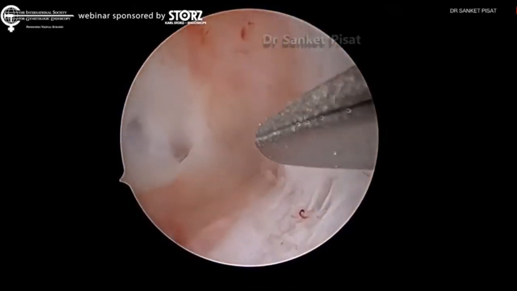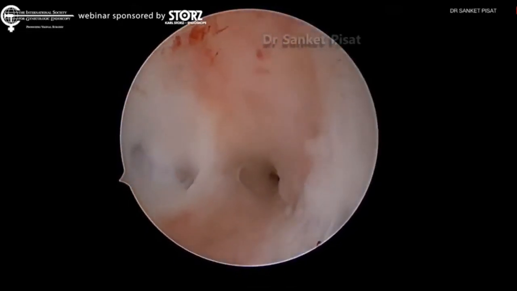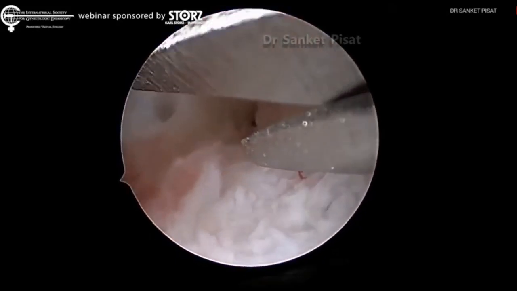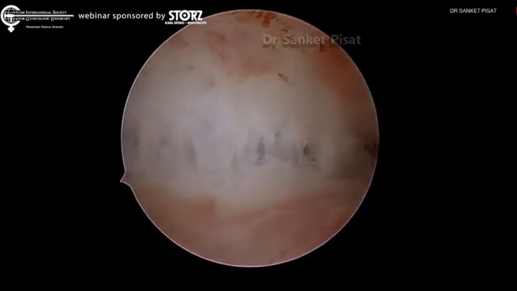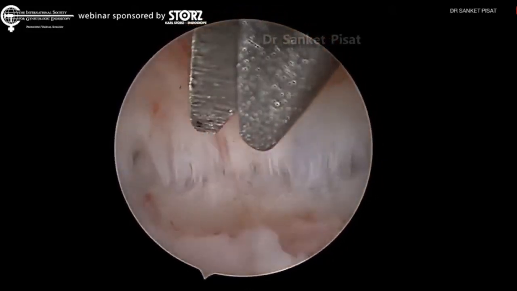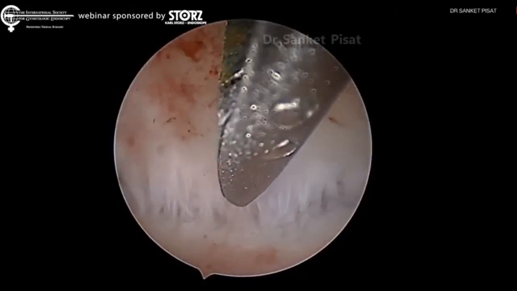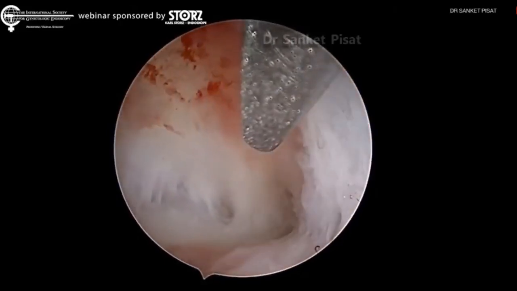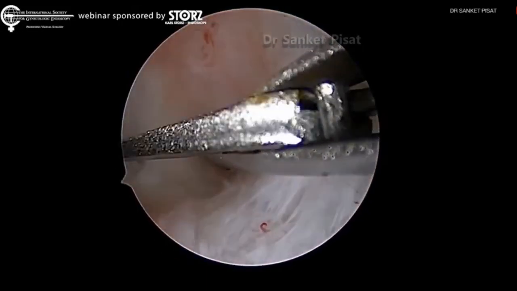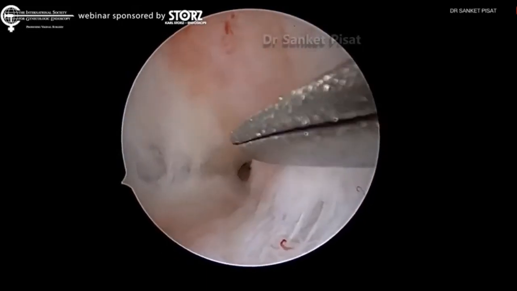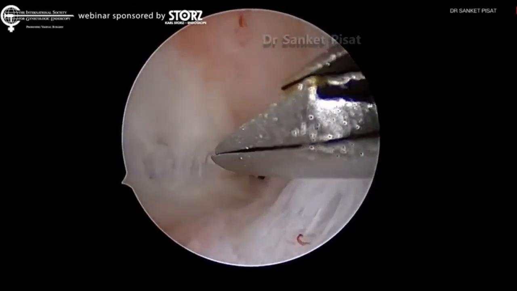The other important thing to remember is that the fundus is gradually trimmed from one side to the other rather than deepening completely at one particular site. This again decreases the possibility of an inadvertent perforation. So gradually snips are made from the right side to the left side and back until a sufficient depth of the fundus has been reached.